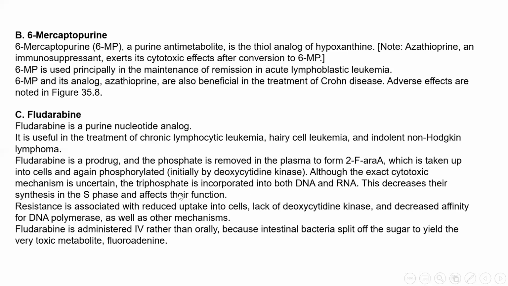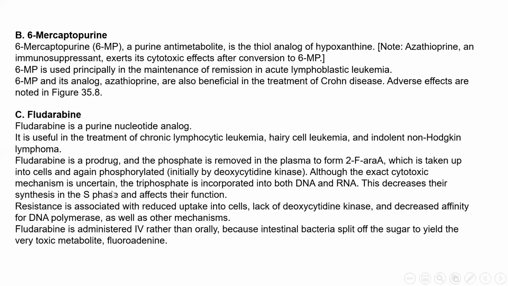This one is taken up by cells, and inside the cells there is another process of phosphorylation, adding a phosphate group to the molecule of the drug. This step is done by deoxycytidine kinase, a kinase enzyme. Then the cytotoxic effect is related to the phosphorylated metabolite inside the cells.